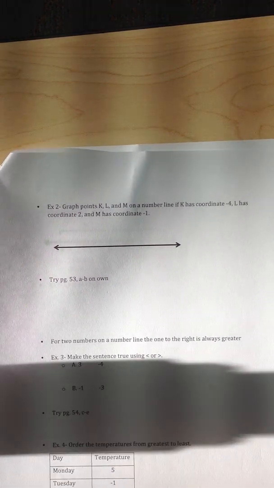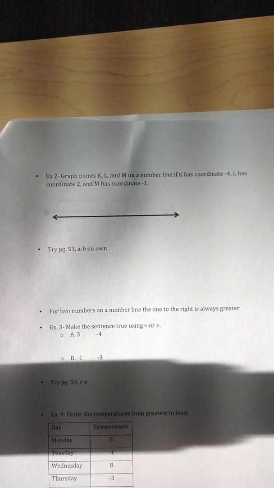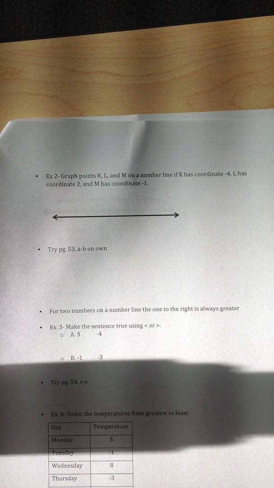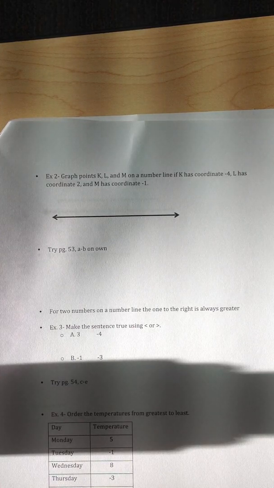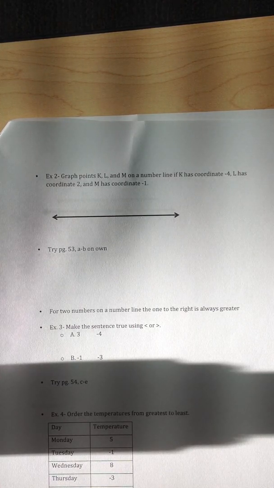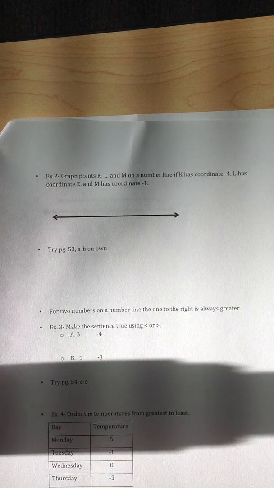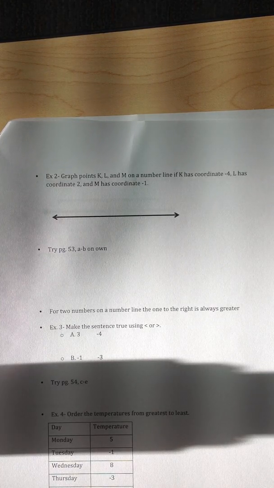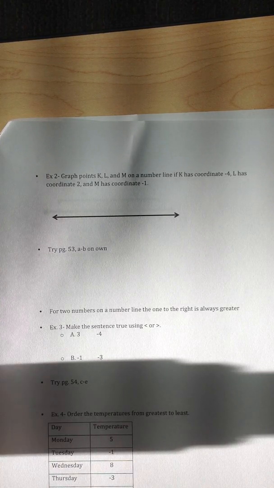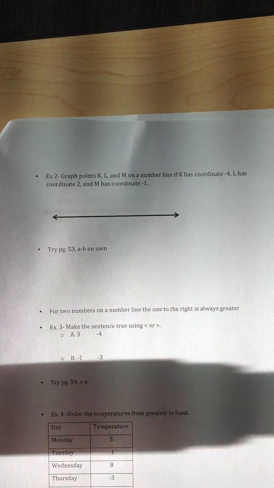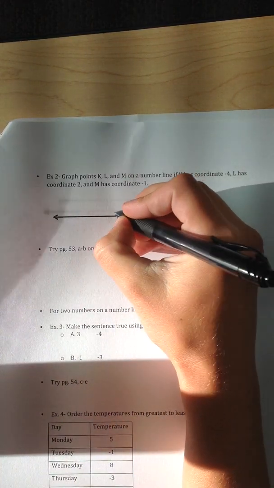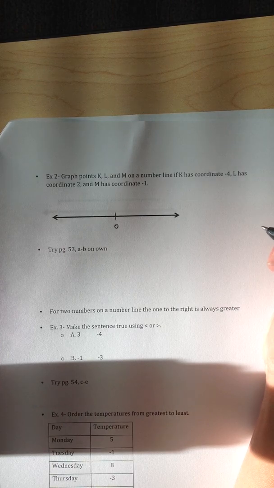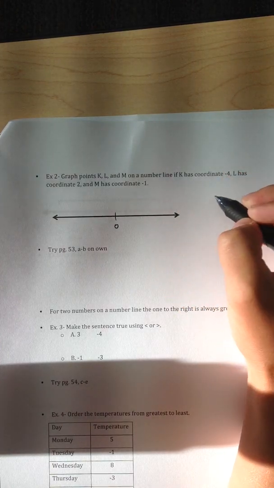For our next one, they want us to graph the points K, L, M on a number line. K has a coordinate of -4, L has a coordinate of 2, and M has a coordinate of -1. The first thing we need to do is make our tick marks on the line. Typically I put 0 in the middle, and I usually count by ones because these are pretty small numbers.